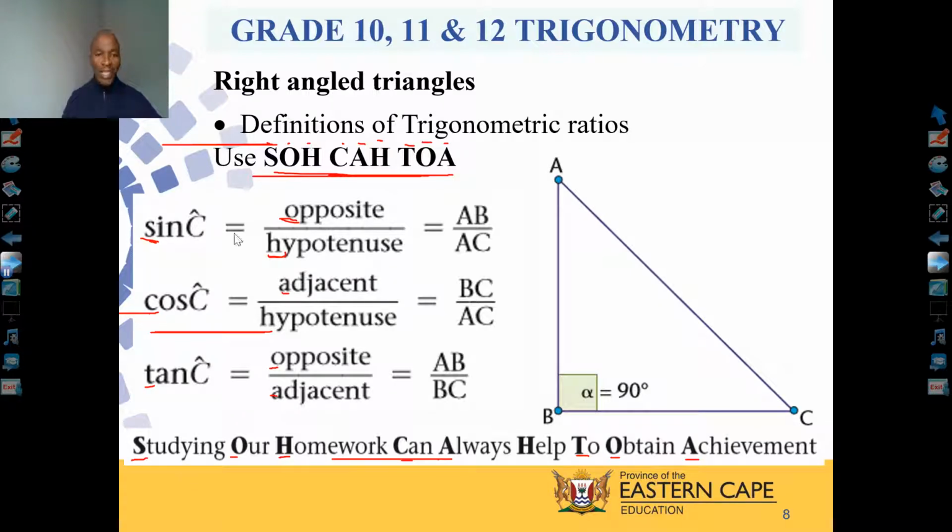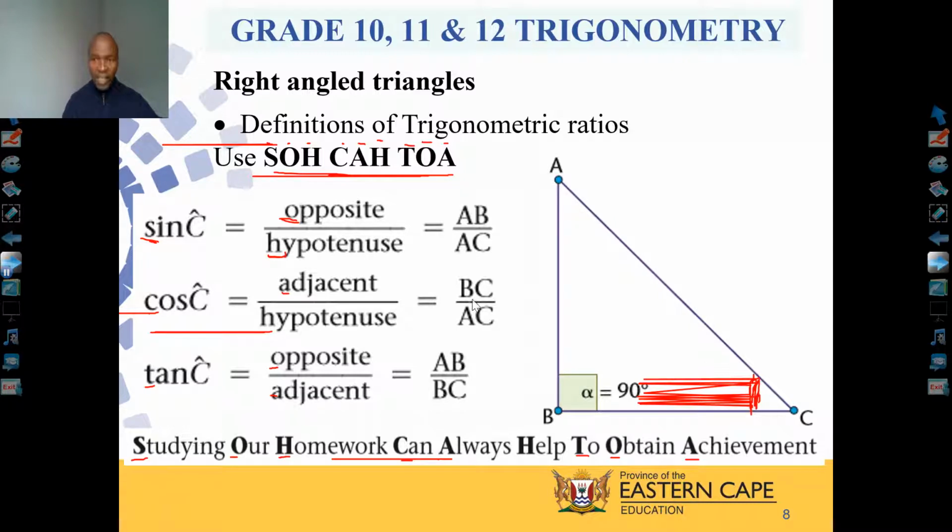For instance, in this case, if you are to focus at angle C, this angle, you will notice that sine of angle C will be opposite. Opposite to C is that side, which means it's AB over hypotenuse. Hypotenuse is AC, right?